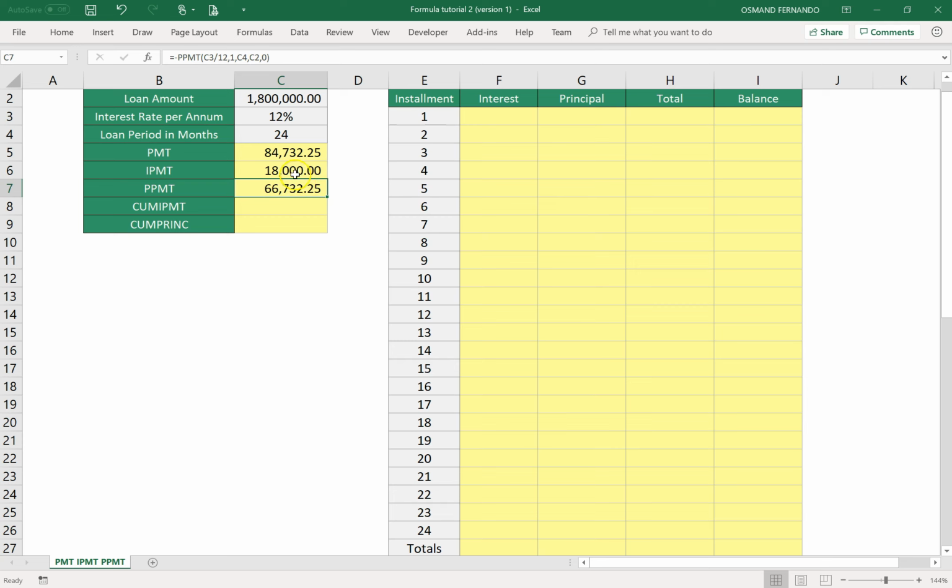Now let's apply this into a schedule. When you give a loan, the customer is asking for a schedule, and you also want to know what will be the interest portion, what will be the principal portion, and what will be the balance amount.